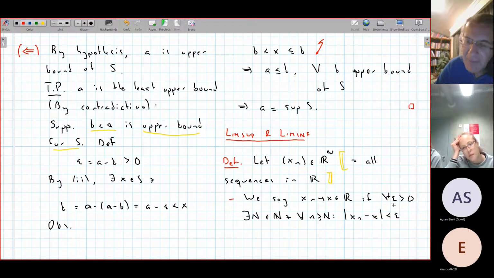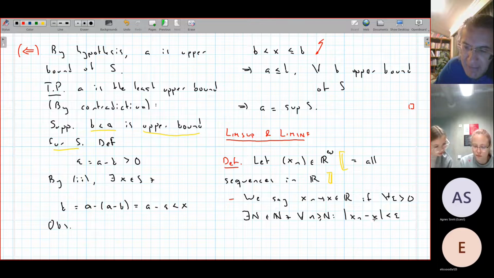Okay. So, and it makes sense. So when do you say that xn converges to some number? If you can make the values of the sequence sufficiently close by taking the indexes sufficiently high, right? So this is the definition of convergence to some number x.